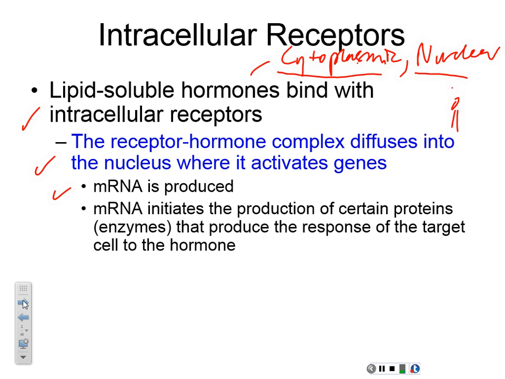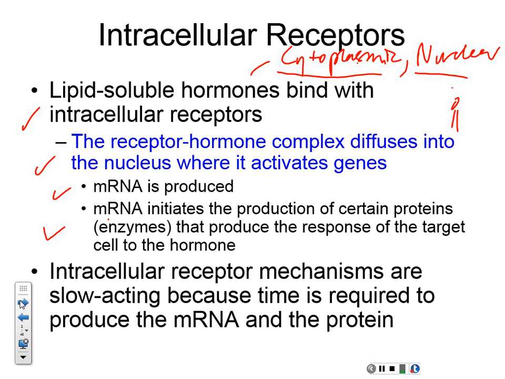But the thing about this is that they last even longer, because even after secretion of the steroid stops, as long as you have the protein there, you continue to feel the effects of that lipid soluble hormone. I'll keep saying steroid because most of the lipid soluble hormones are steroids, but that's what I mean, lipid soluble. So that's why it will take a long time for the cell to actually respond, but once the protein is made, then it can last for some time.